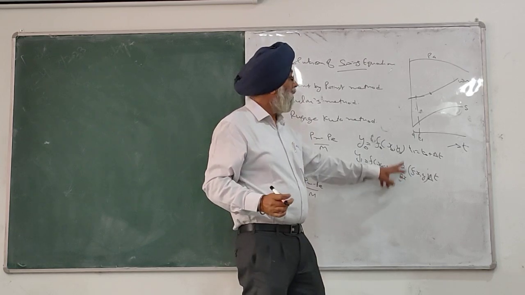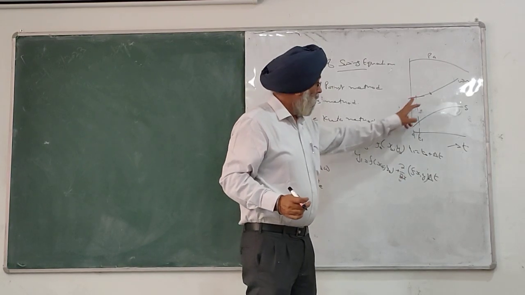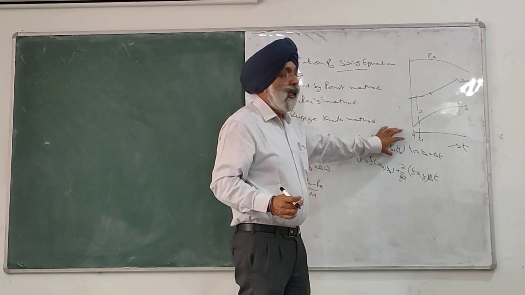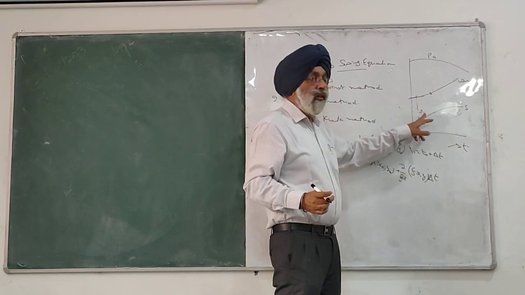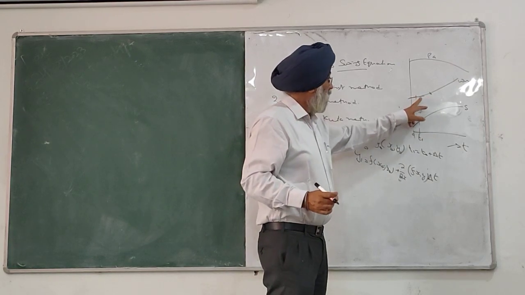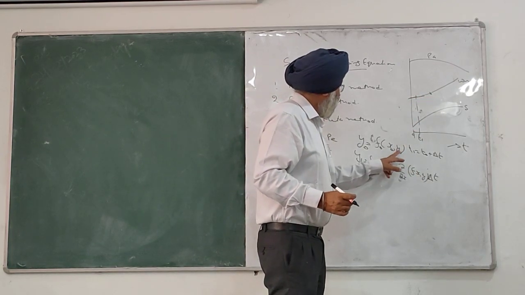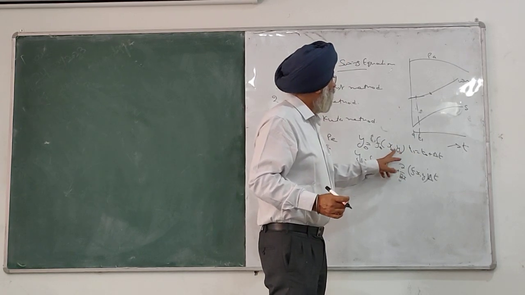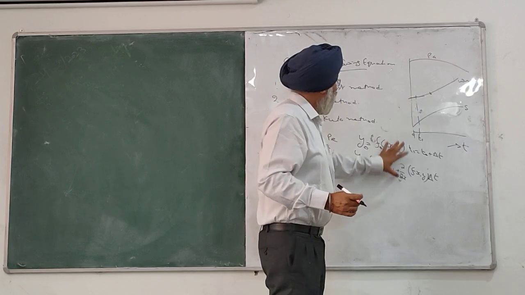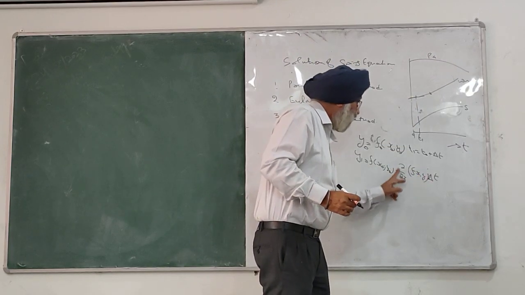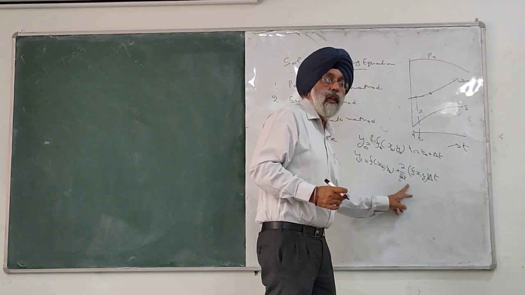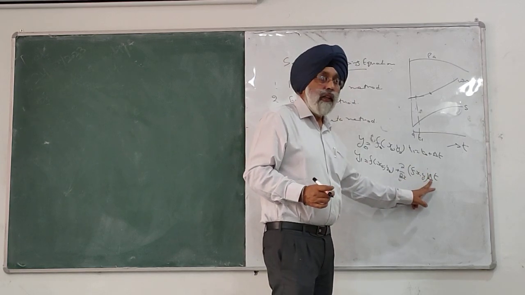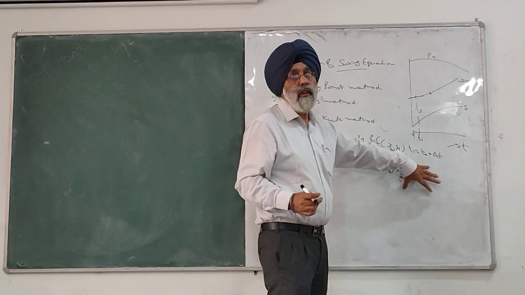If you take the derivative of this equation and substitute the values of x and y0 at t equal to 0, then we have some numerical value of this slope, and if you multiply it by delta t, we have the correction.